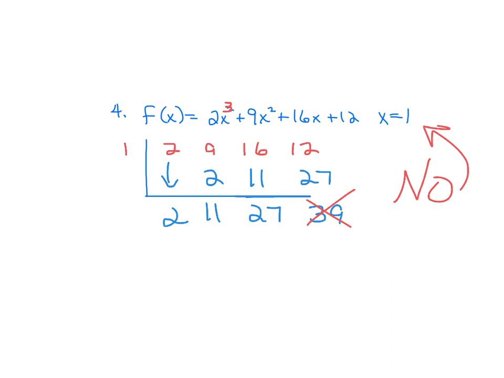A clue would have been that all of the signs in the polynomial were plus signs, so nothing's going to ever cancel away. So that would be a clue for you. But you do the division. If you get a remainder, then it's not a 0. If you get a remainder of 0, then you know that is an x-intercept.